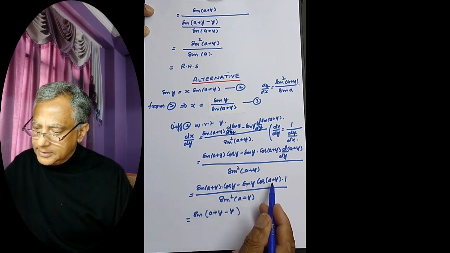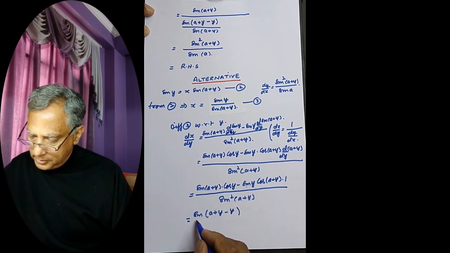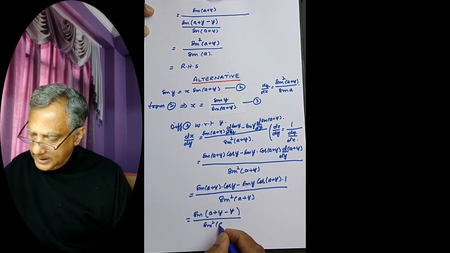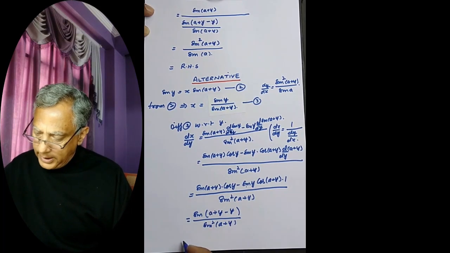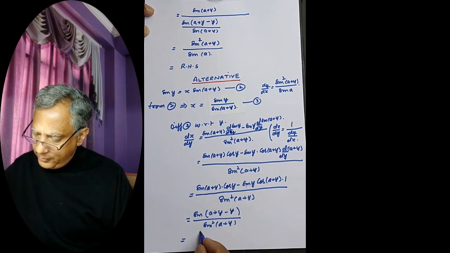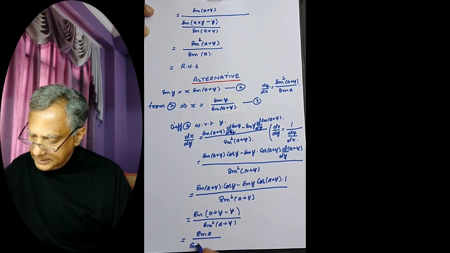This is a, this is b. Whole divided by sine square a plus y. And this is equal to, now this y cancels and we get sine a over sine square a plus y.